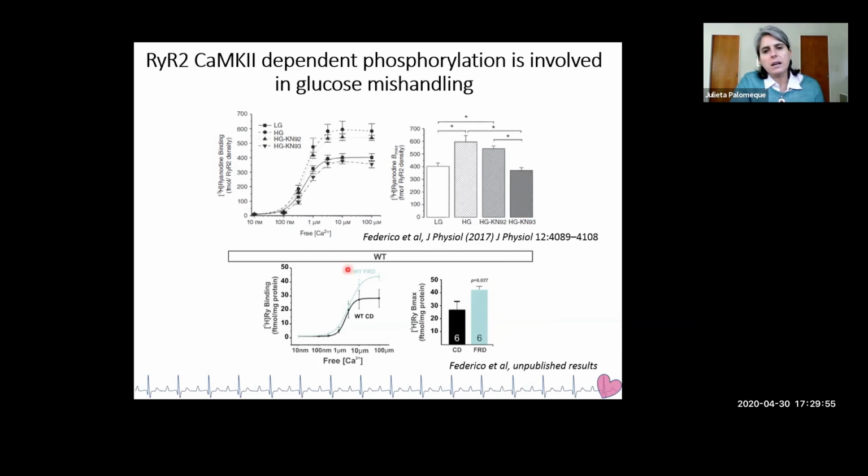We wanted to check if this behavior is also present in our animals, so we performed ryanodine binding assays from our wild-type control diet animals and wild-type FRD, or fructose-rich diet, animals, and we can see that these animals treated with fructose also have an increase in ryanodine activity, and this is the overall result of this experiment.